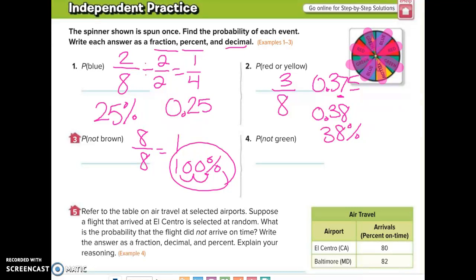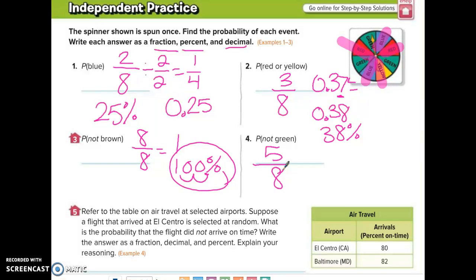The probability, number 4, of not green. So all of my options that are not green. Blue, red, yellow, blue, red. So I have 1, 2, 3, 4, 5 options. So 5 out of my total, which is 8. I cannot reduce 5/8, so I'm going to leave it.